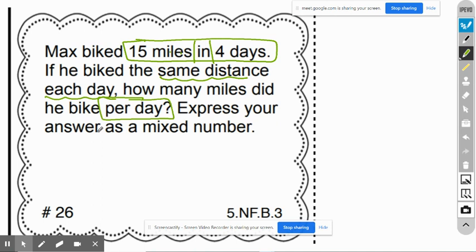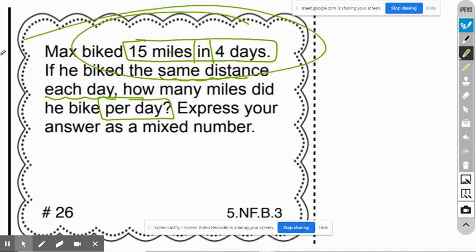So I want you to think, what is the problem giving you? Is that a total? Is that a part of it? Do they want me to split it? Do they want me to multiply? Are they making groups? Are they taking away? What is it that's happened? If you could draw, what would you draw to represent what happened here?